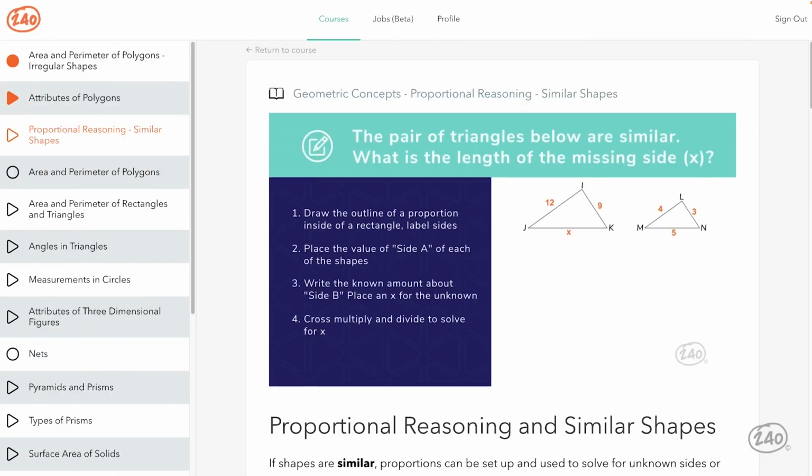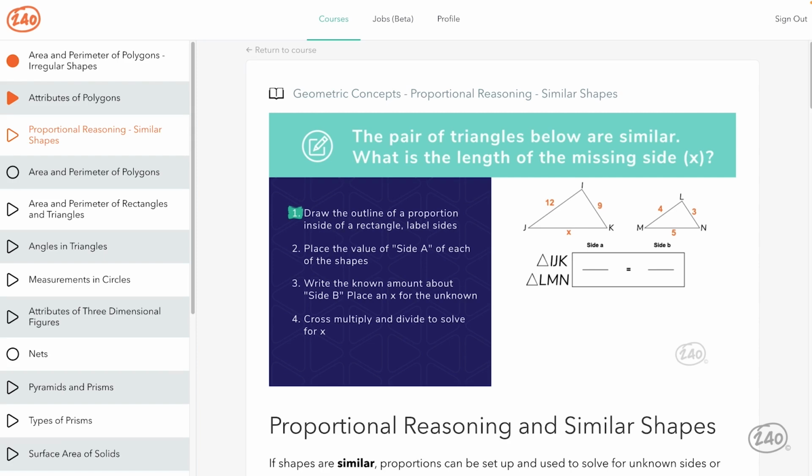The 2 triangles here are similar. Let's find the length of the missing side, x. First, we'll draw the outline of a proportion, 2 equal fractions, inside of a rectangle. Label the left side of the rectangle with 2 different shapes.